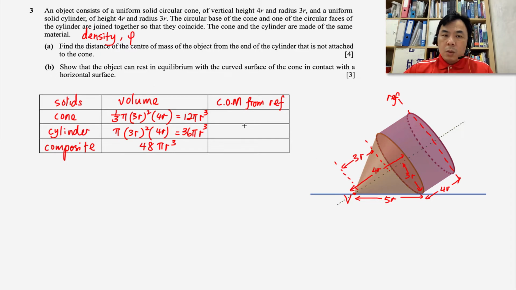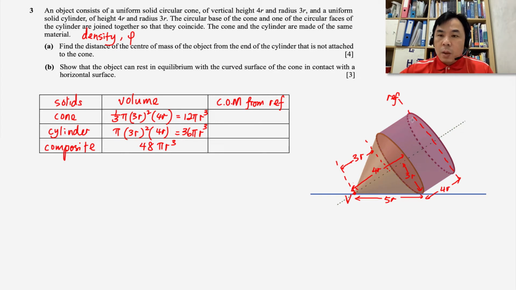With respect to the vertex here, all right. Let me clean this up a bit. So the 3r is measured with respect to the vertex.